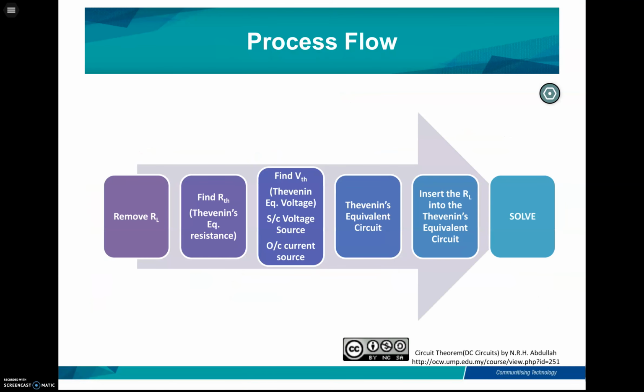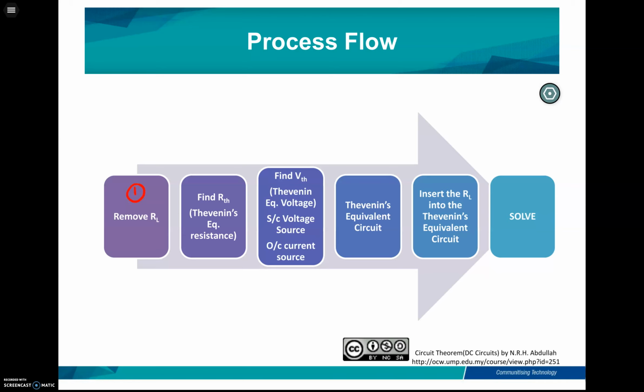This is the process flow to transform the circuit into the Thevenin equivalent circuit. First, from the original circuit, please remove the RL. Then after you remove the RL, find the R Thevenin, which is the Thevenin equivalent resistance, by terminating the sources.